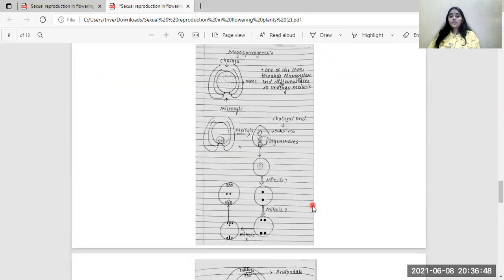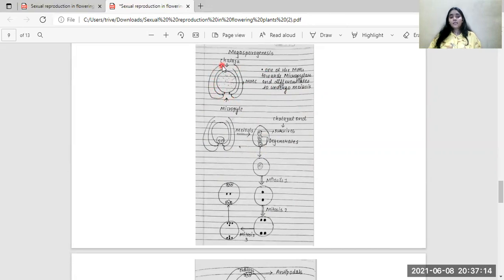Now let us move to the production of the mega mother cells. As you can see here, these are the MMCs. This is the inner integument and the outer integument.